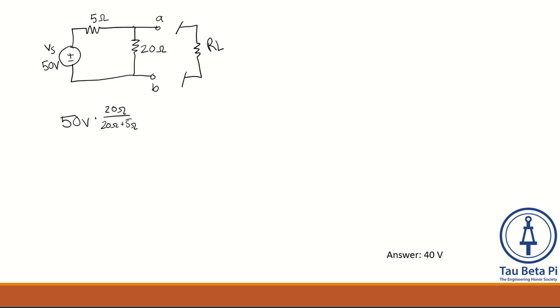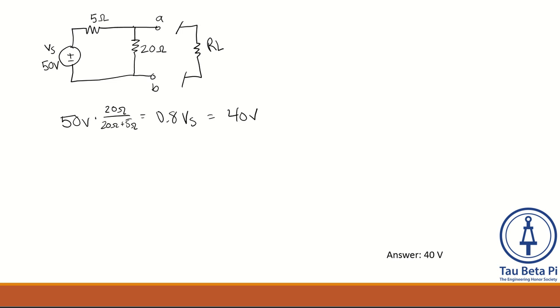So this is going to be our voltage divider, and so we know that across the 20 ohm resistor we have 0.8 times our V source, which is going to be 40 volts.